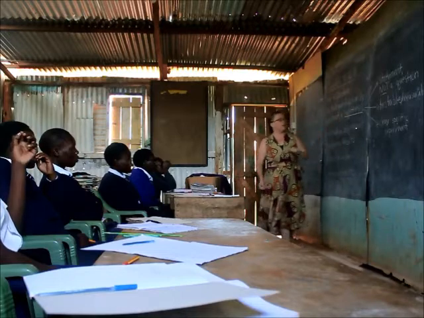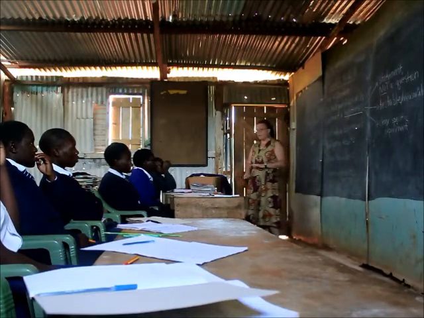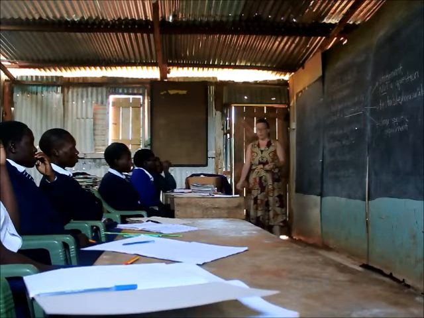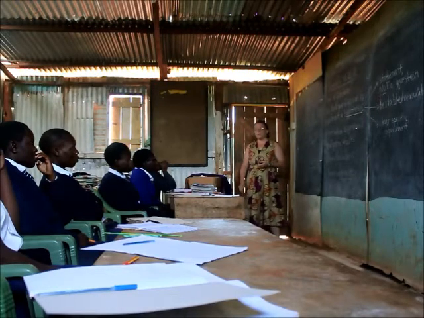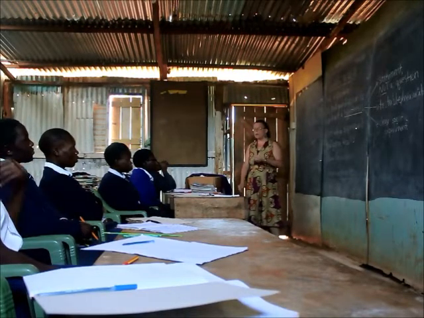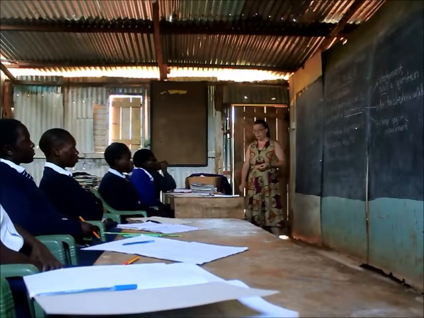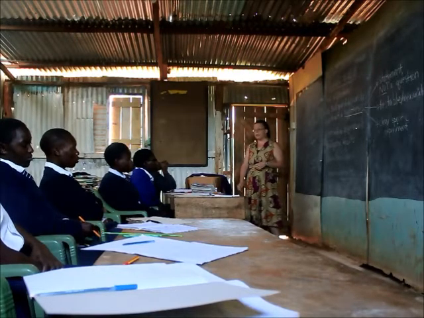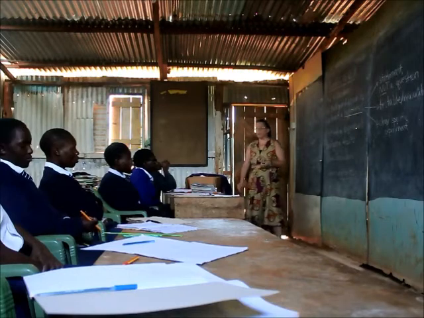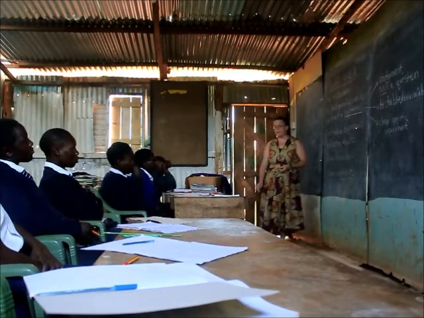So, the hypothesis that we have today is that the application of fertilizer is going to increase the rate of growth in our corn. The application of fertilizer will increase the rate of growth in our corn.